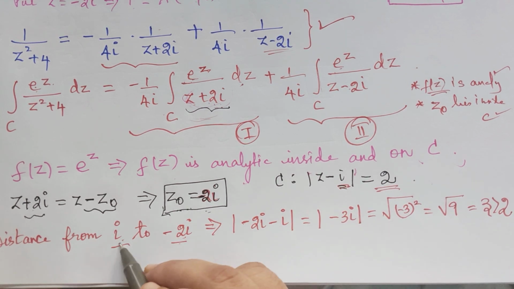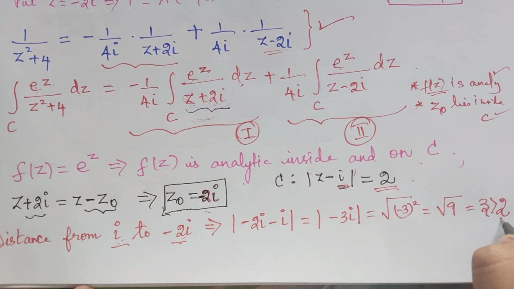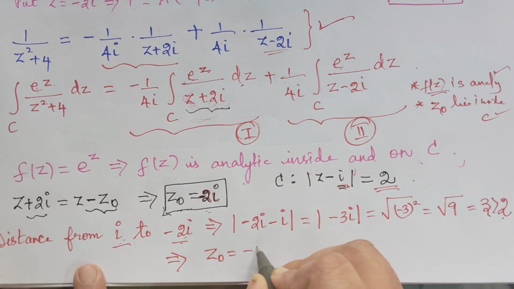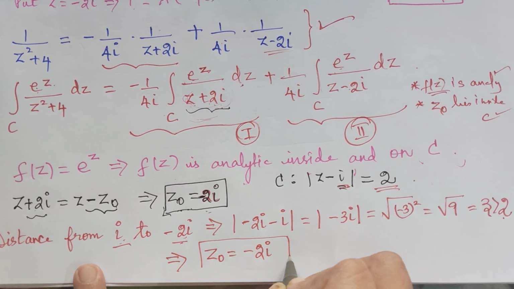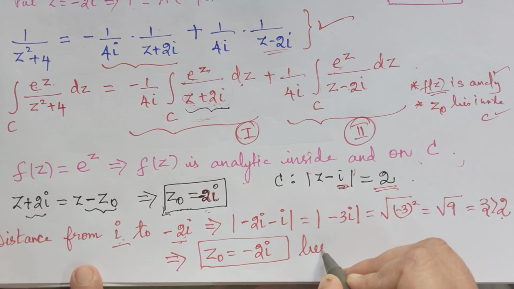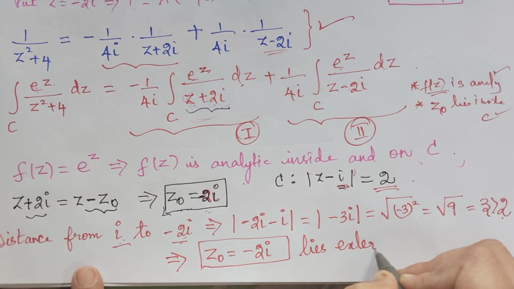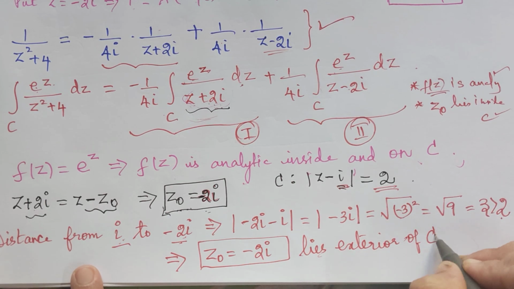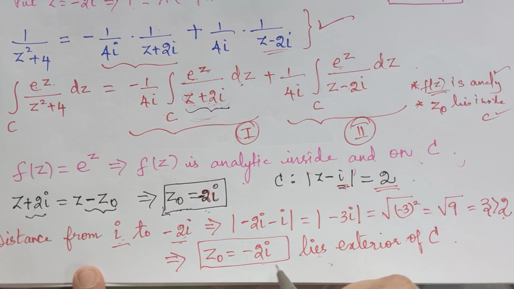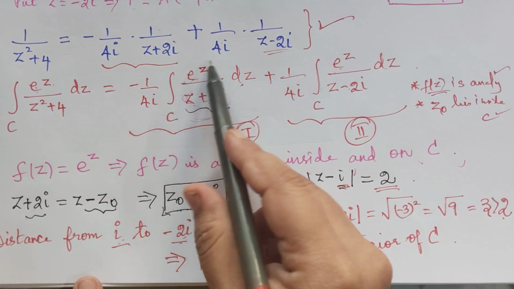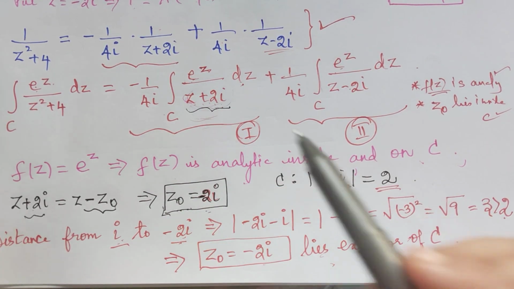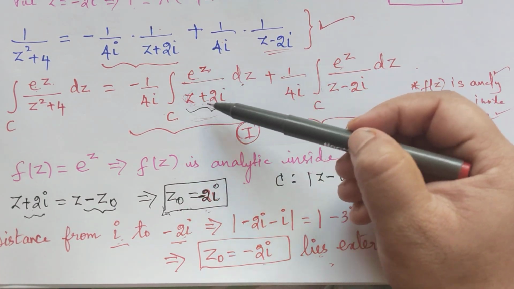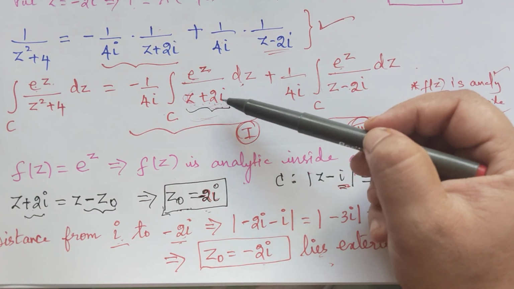So the distance between these 2 points is 3, which is greater than 2, which implies z naught equal to minus 2i lies in the exterior of C, that is, outside C. That will imply that the first integral is 0 by using Cauchy theorem, because e power z by z plus 2i will be analytic at the point minus 2i.